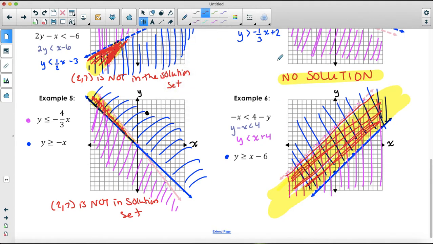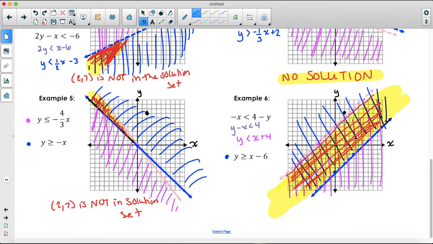So the last part is, is (2, 7) part of the solution set? So 1, 2, 1, 2, 3, 4, 5, 6, 7 is right here. (2, 7) is located here, which is not part of the solution set because it's above the pink, and even if it was on the pink, that would be a dotted line.